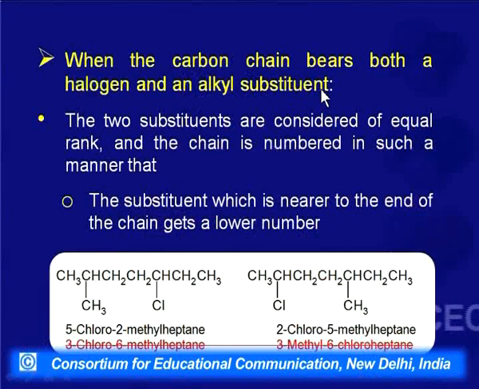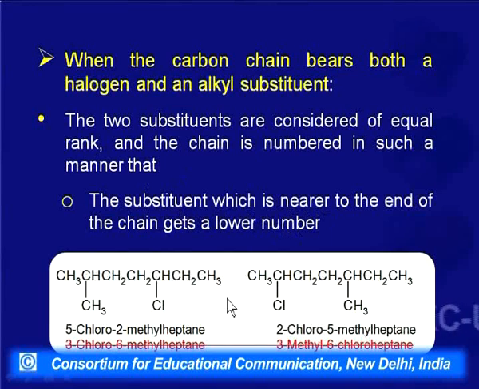But what happens when the carbon chain bears both a halogen and an alkyl substituent? The two substituents are considered of equal rank, and the chain is numbered in such a manner that the substituent which is nearer to the end of the chain gets a lower number.